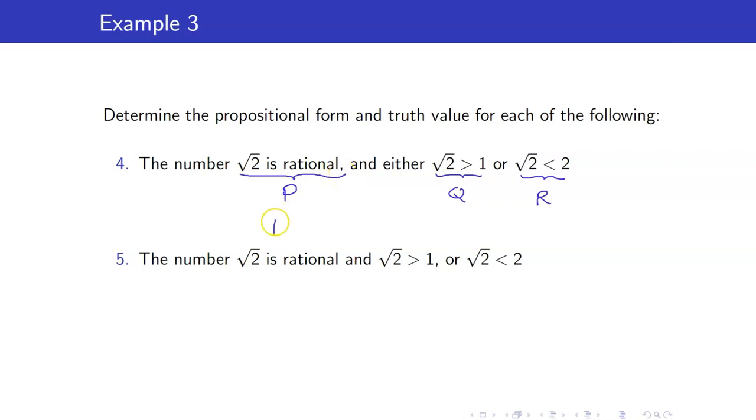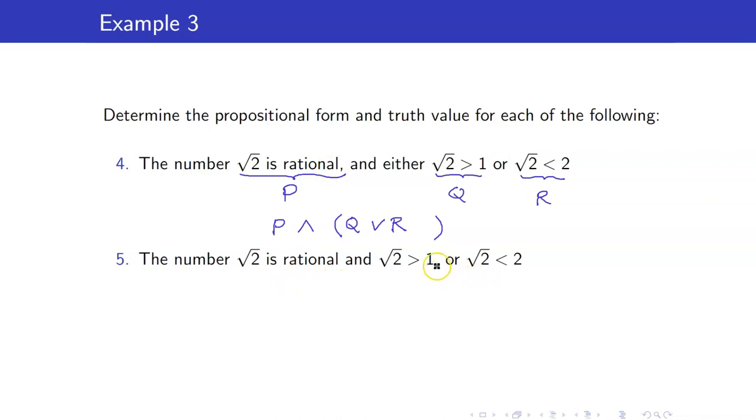So this means that we have P, and then look at this one, and either Q or R. Again, let me just reiterate that the comma tells you where the parenthesis is.